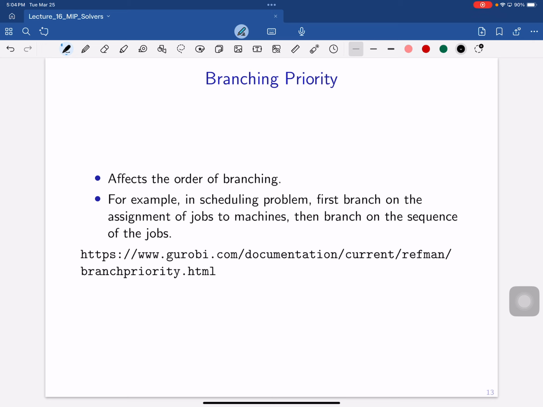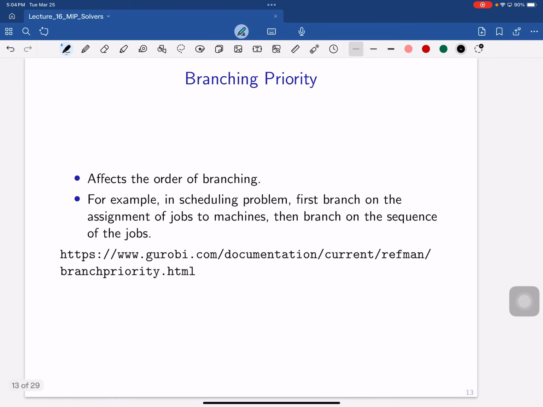Because after some of the variables are branched on, a huge chunk of the rest of the variables will be fixed. So in those cases, you want to change the branching priority for the solver. Otherwise, the solver will use its own heuristic to decide branching priority.